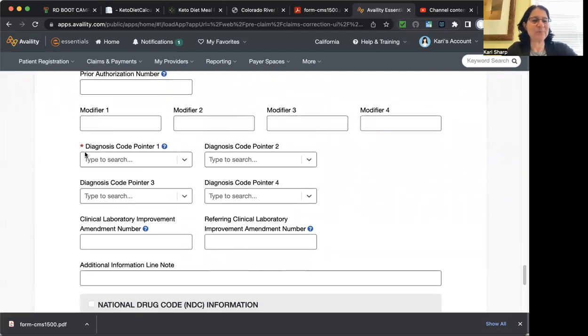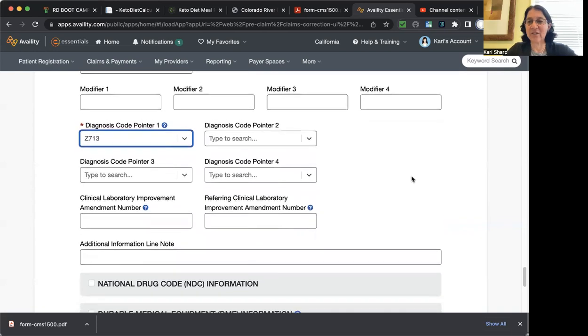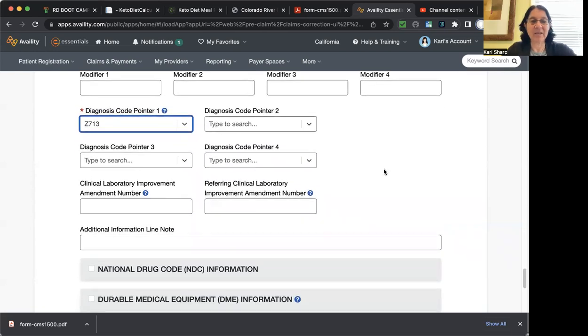Sometimes it's used, you'll know. Diagnosis pointer, so here, see, they're numbered on this one, 1, 2, 3, 4. So you just select your Z71.3, and that's our diagnosis, dietary counseling and surveillance. That's the one we were allowed to use for this insurance company because our kid had hyperlipidemia and we can't bill hyperlipidemia.